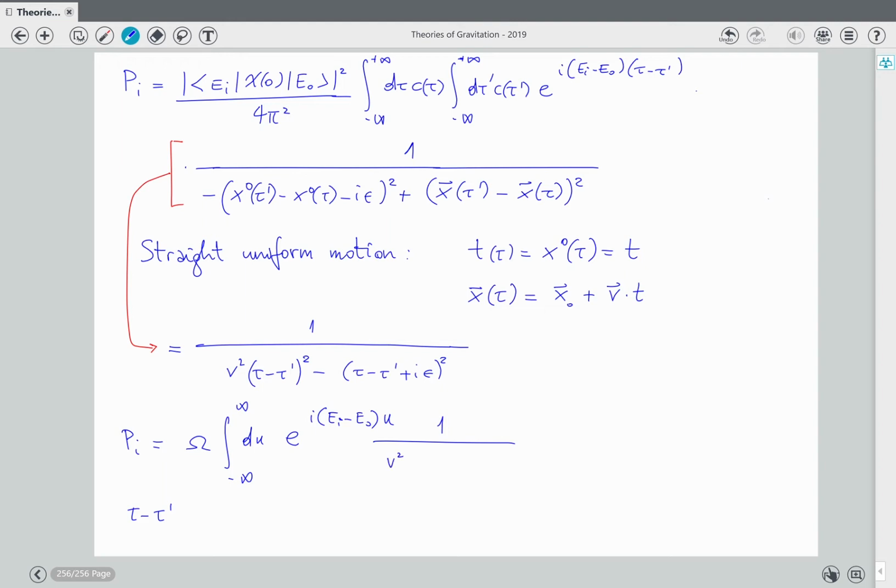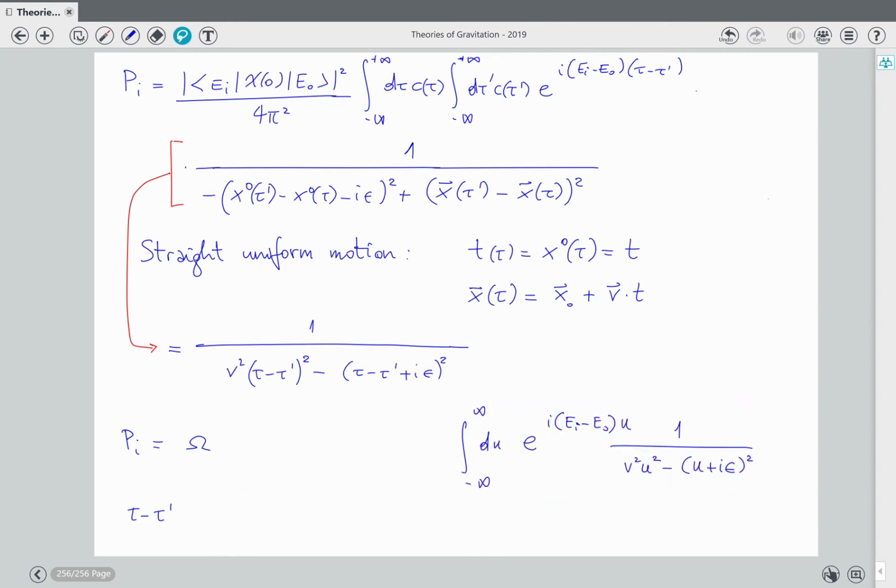So we have v squared u squared over u minus u plus i epsilon squared. So that's the integral we want to compute.